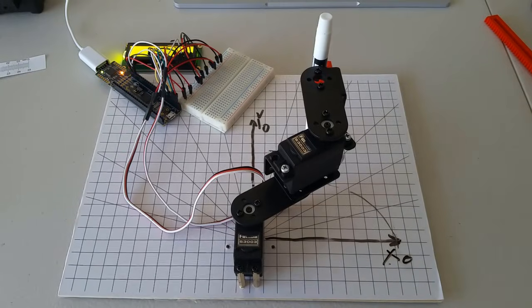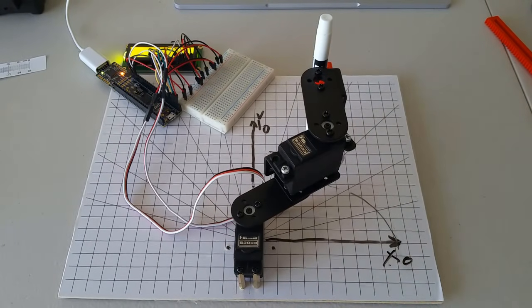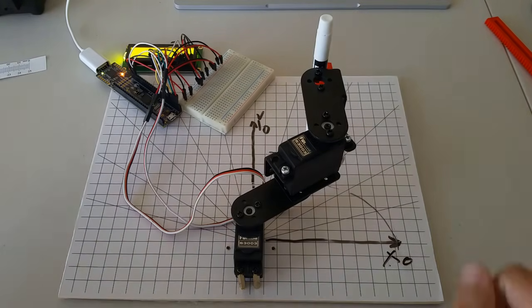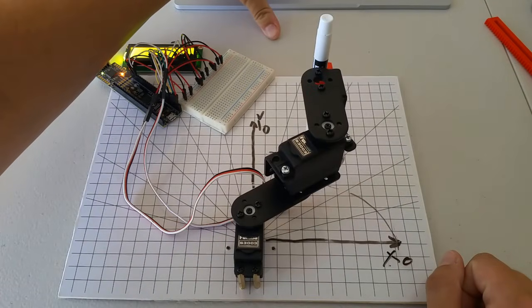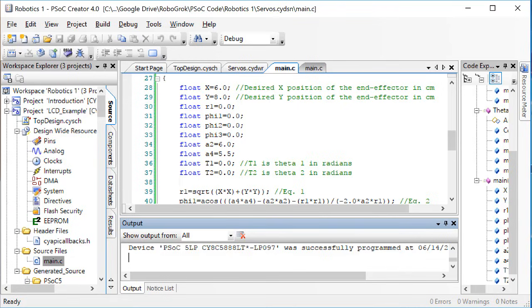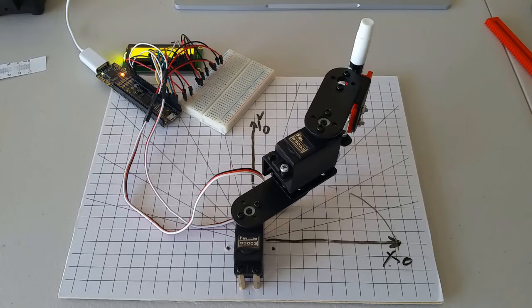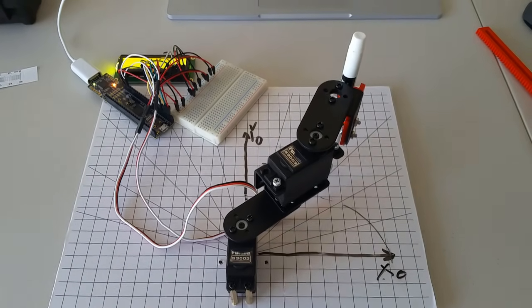Let's try another position. Let's see if we can get the end effector to move 2 centimeters to the right of where it is right now. Change x equals 6 in your PSoC code to x equals 8. And then program the PSoC. It did move about 2 centimeters to the right.